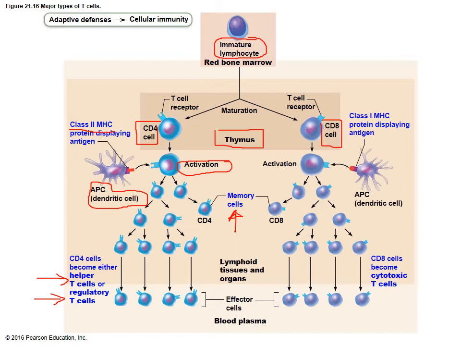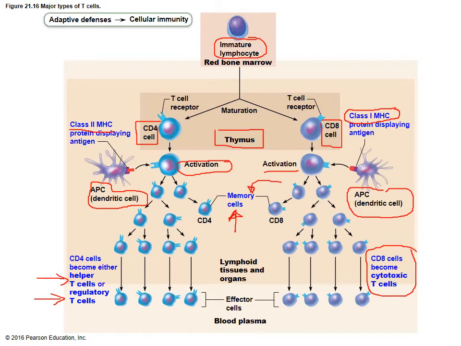If you look over to the right-hand side of the illustration, you'll notice that your CD8 cells will also interact with the antigen-presenting cell, but they will interact with the class 1 MHC protein, and this interaction will allow the CD8 cells to become activated and ultimately become the cytotoxic or killer T cell, as well as, of course, the memory cell.